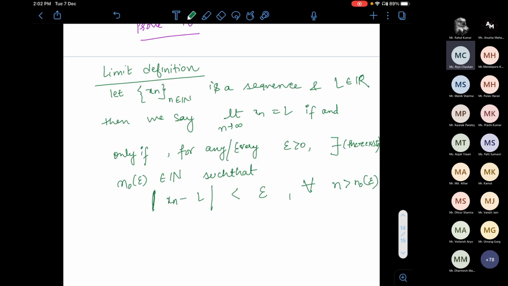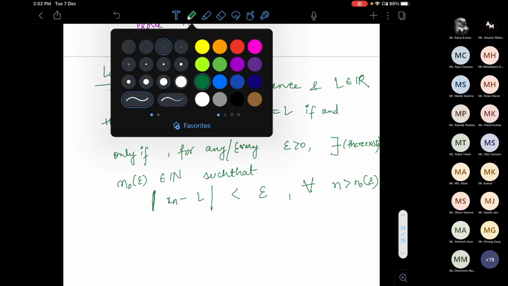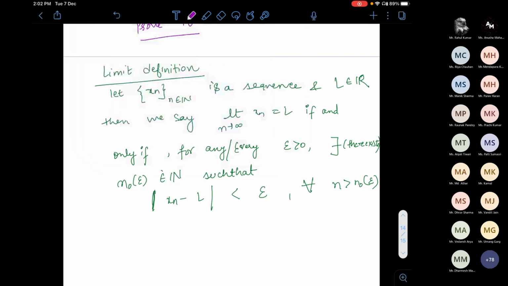That natural number belongs to, this is the symbol of belongs to. Anyone has a doubt? If you understand this definition, be very confident you are able to understand at least 20% of the course.